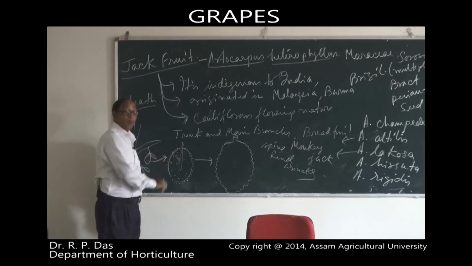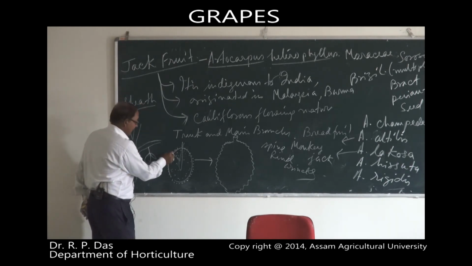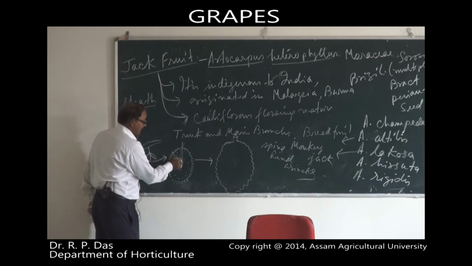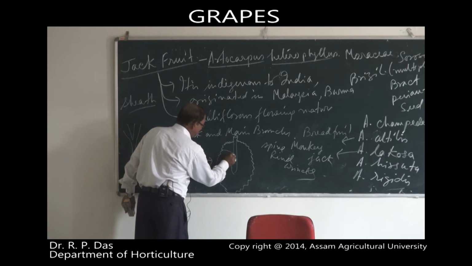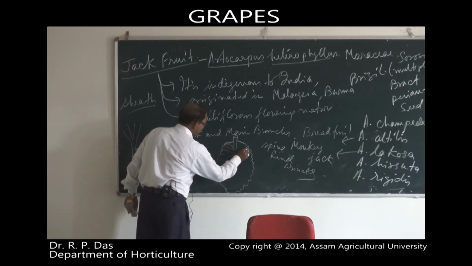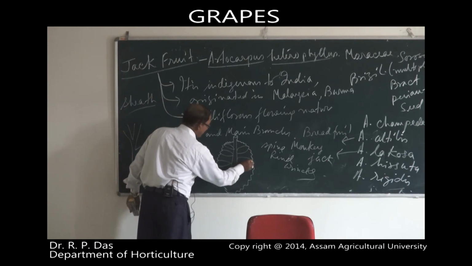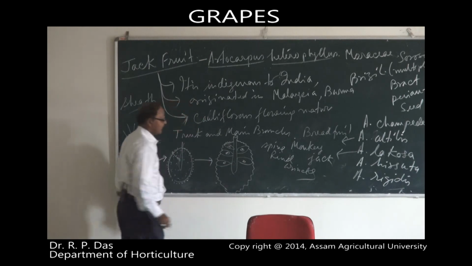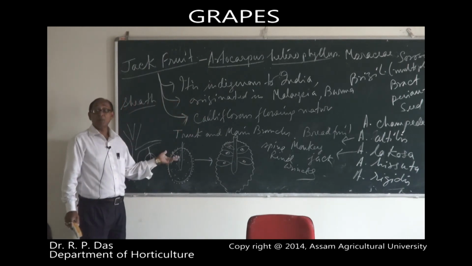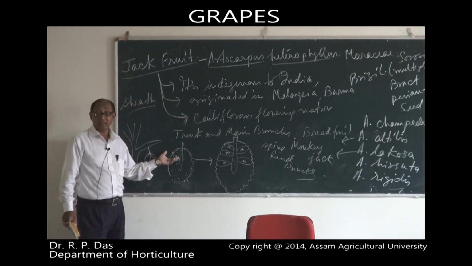So when there is pollination and fertilization, then there is a formation of the fruits, and there is a development of seeds. But other gynoecium which are not fertilized remain as such.